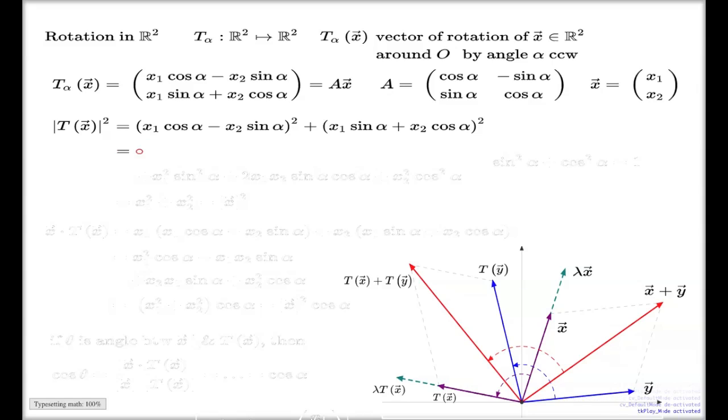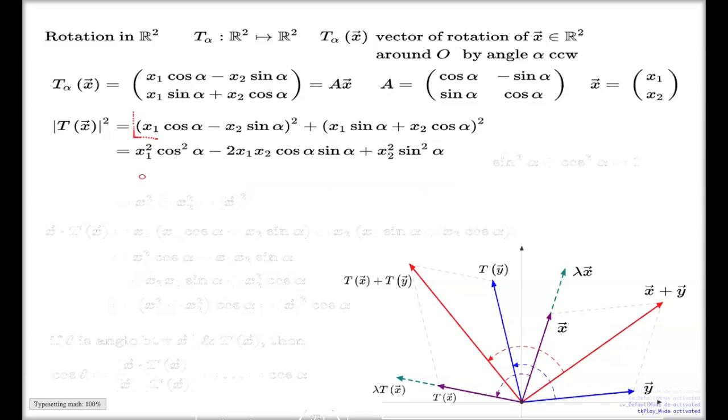Look at this. x1 square cos square alpha. It's the square of the first term here. Double product of these two terms, double x1 x2 cos alpha sine alpha, and then the square of the second term, x2 square sine square alpha. This is the expansion of the first binomial.